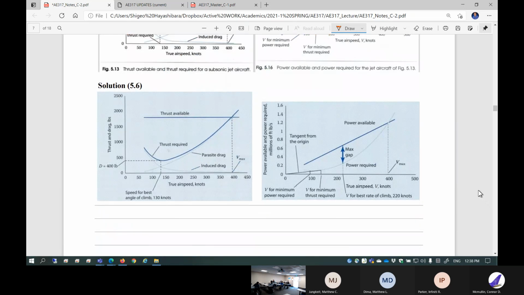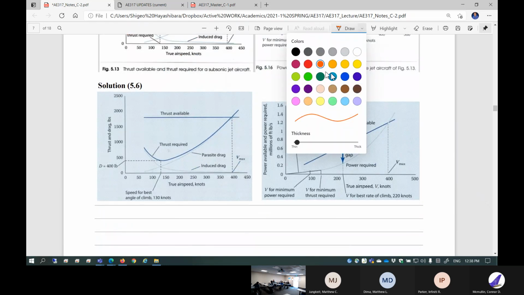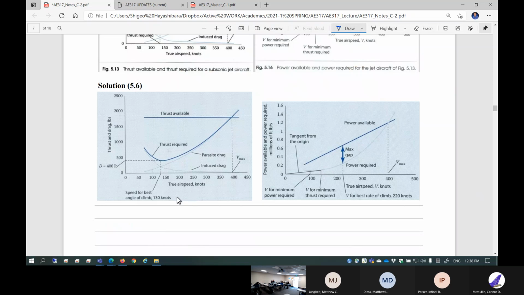Okay, so let me begin with best angle of climb. The condition is thrust minus drag needs to be maximum.